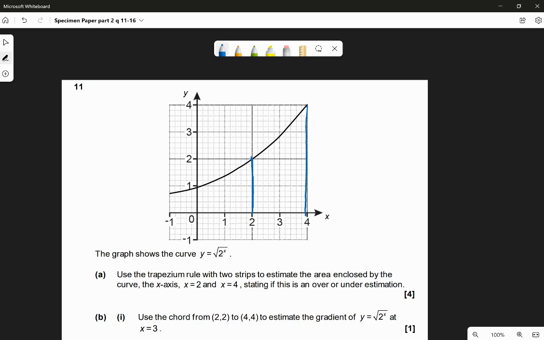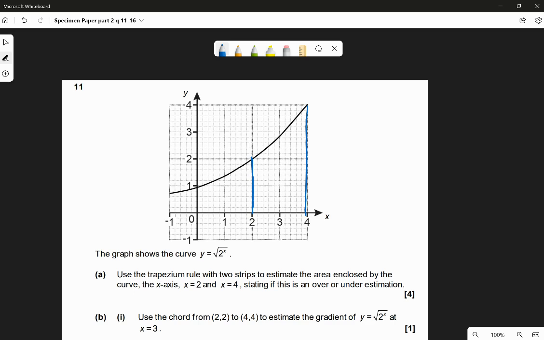So in effect, we're trying to find this green shaded area here. And we're doing so by splitting up that area into two strips, two strips which are both trapezia. If I find the area of the two trapezia and add them together, I will get an estimate for the area that I want to find.